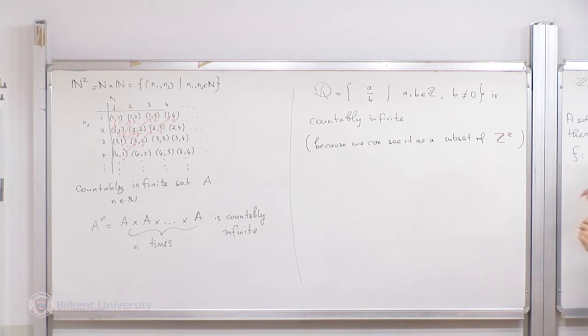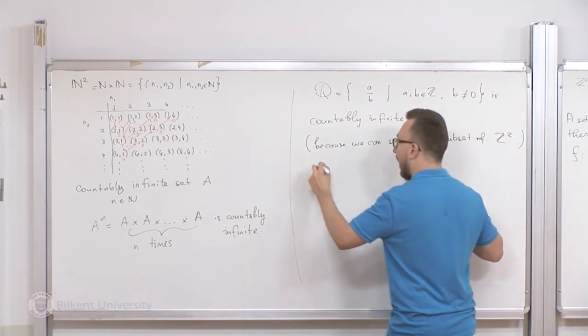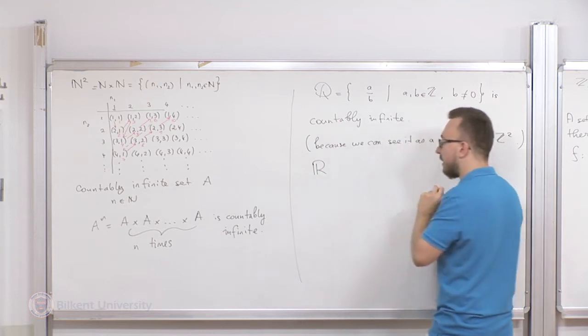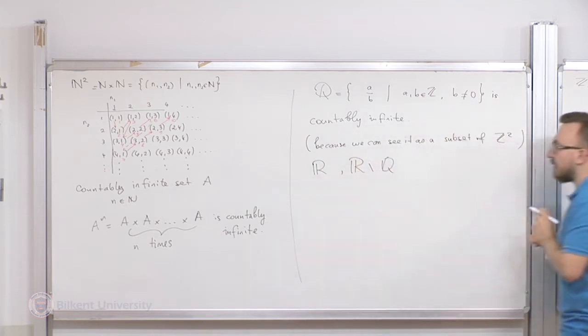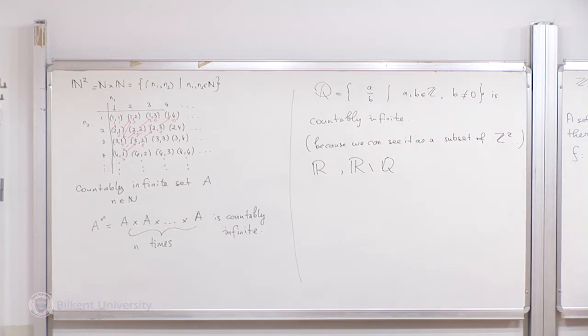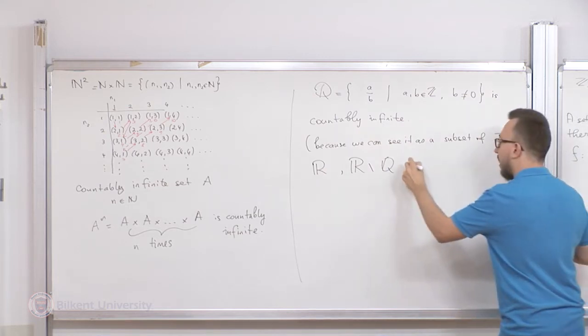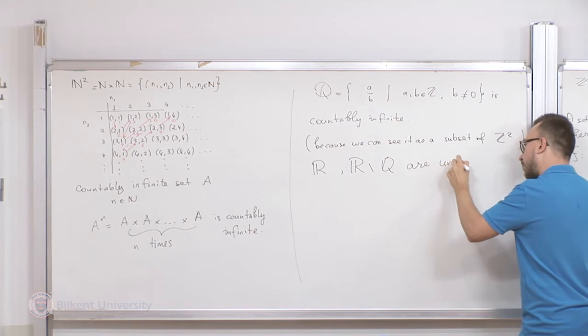What is not countably infinite or countable is the real numbers and also irrational numbers. These are uncountable.